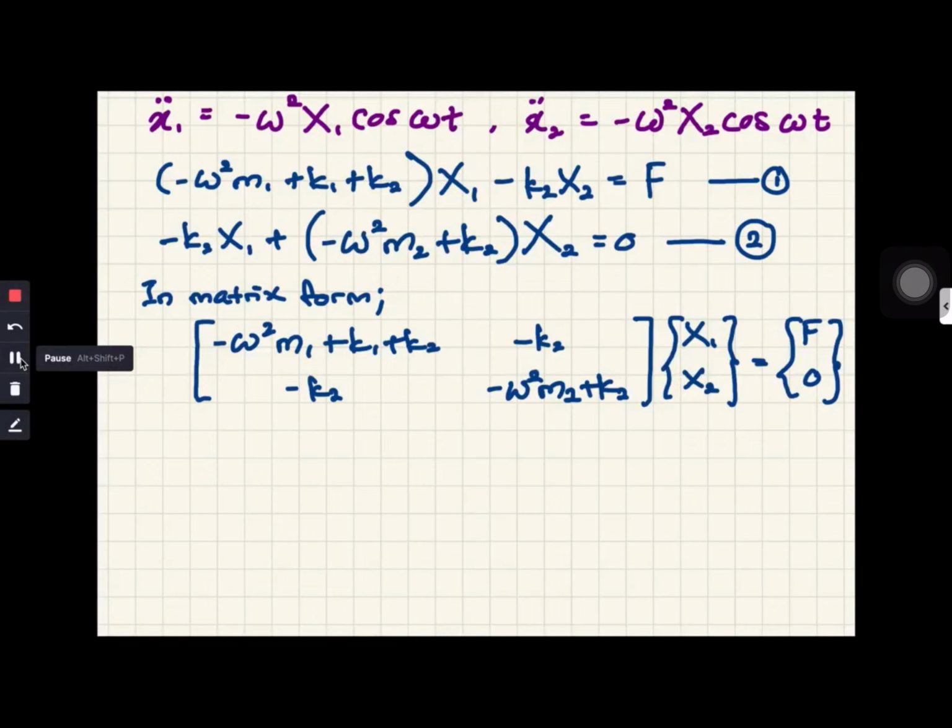Now if we solve the same way as we did in the first degree of freedom system, we can continue and solve for capital X1 and capital X2. Okay, so I just put a note here.